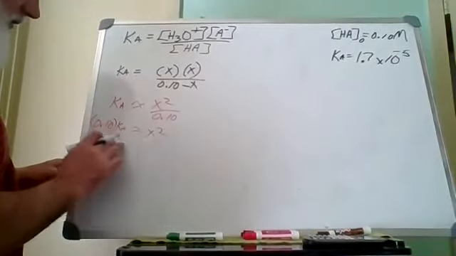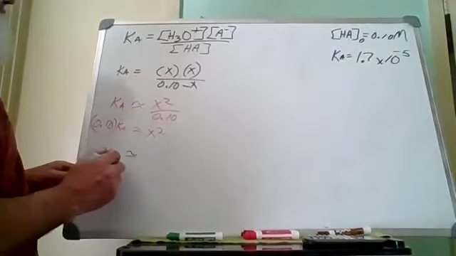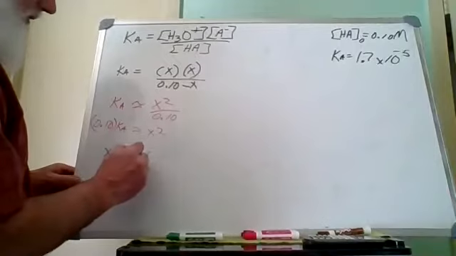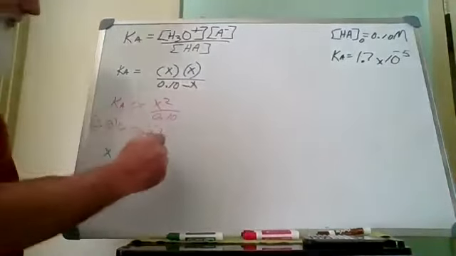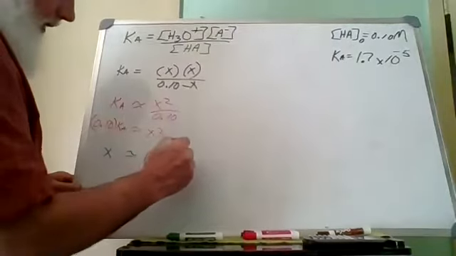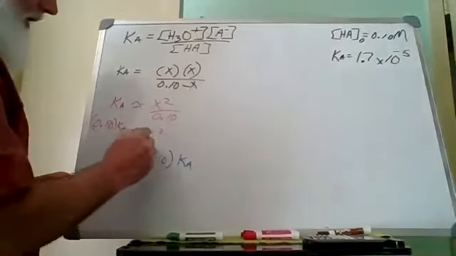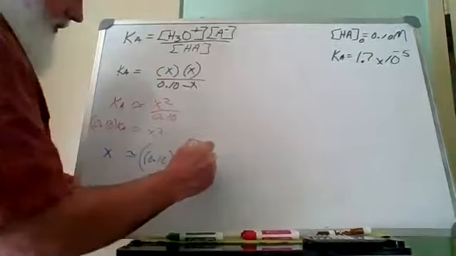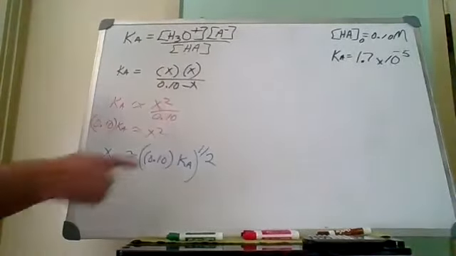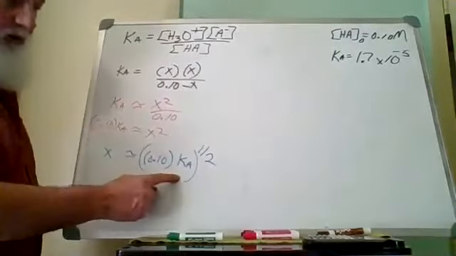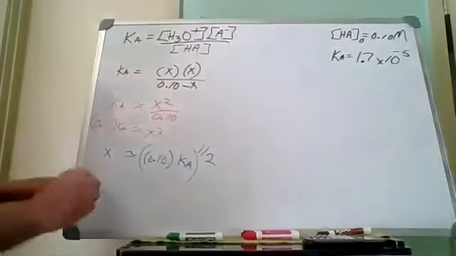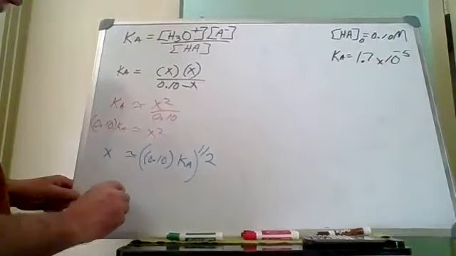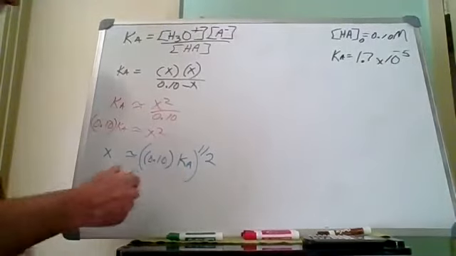So X is approximately equal to 0.10, I'm just flipping sides here, times Ka. All right, and we're going to take the square root of that. Remember, raising to a power of 1/2 is the same as taking the square root. Okay, so X is approximately, now we're going to plug in the value for Ka here.